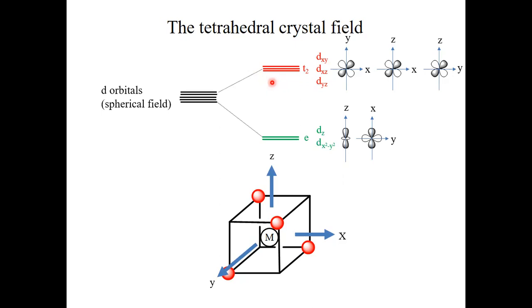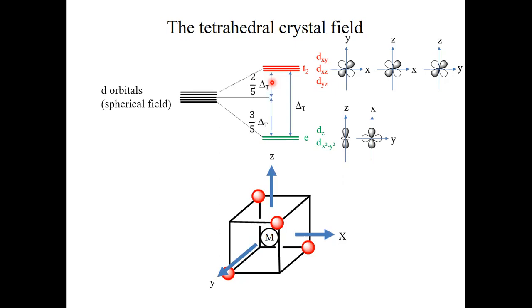Okay, now again, we can define the energy difference between the E orbitals and the T2 orbitals as a delta, and we would label this delta, delta T, because it relates to the tetrahedral crystal field.